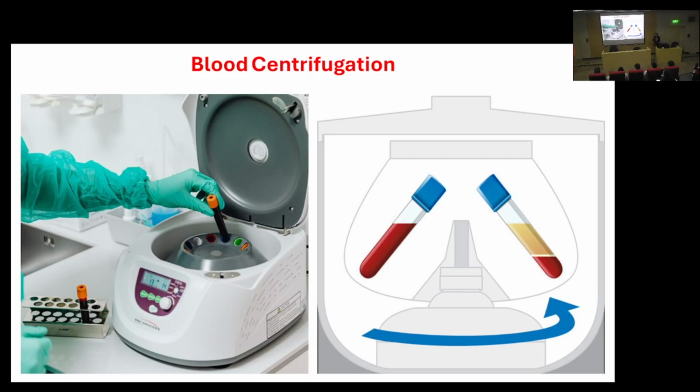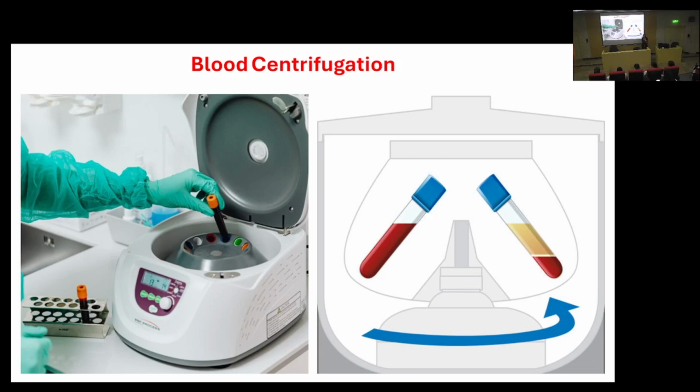Or if it's uneven, if you put two tubes side by side, this means in your disc one side will be heavy and one side will be empty. This will make the spinning tilted, and that can break the centrifuge machine. So we typically put samples opposite to each other so that it's always balanced.